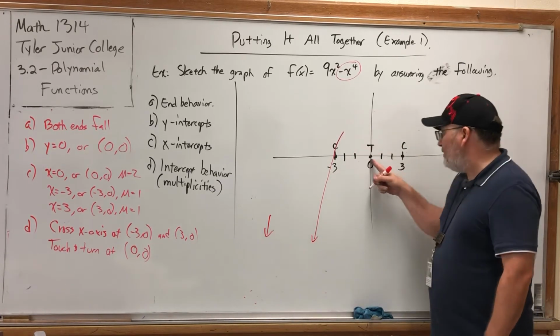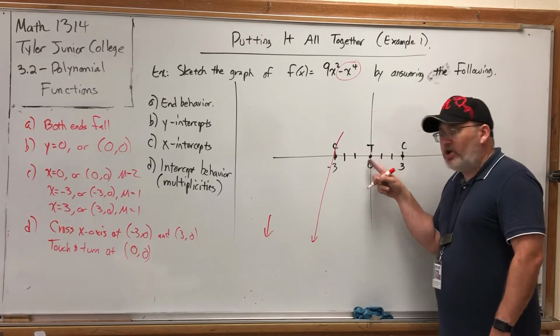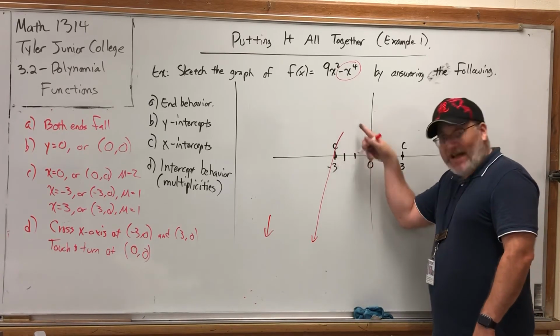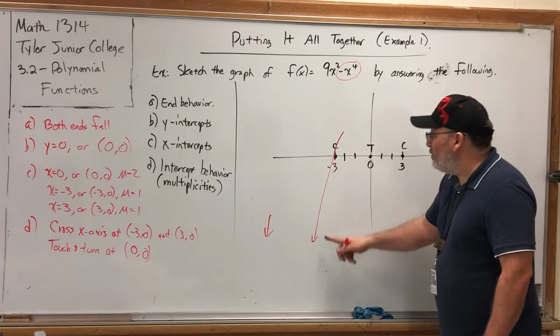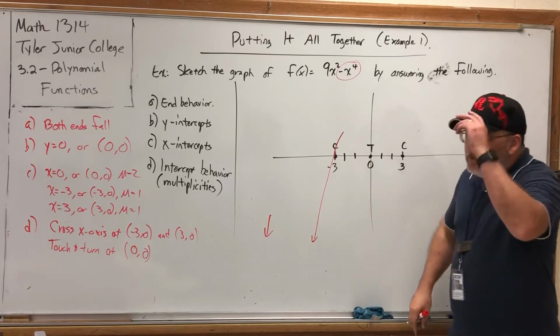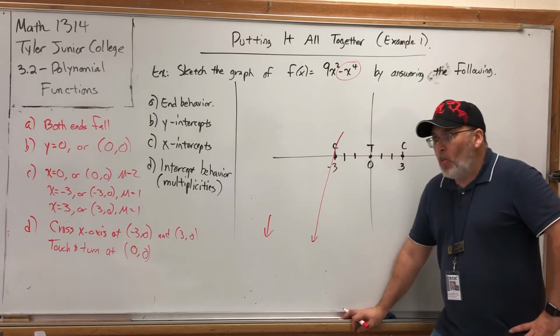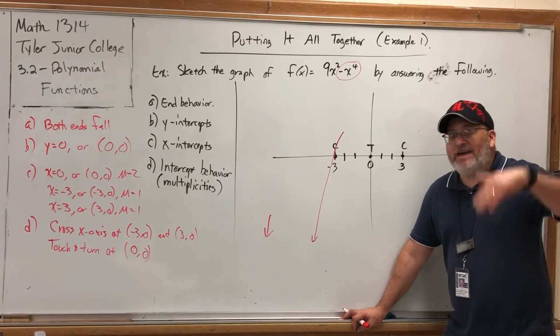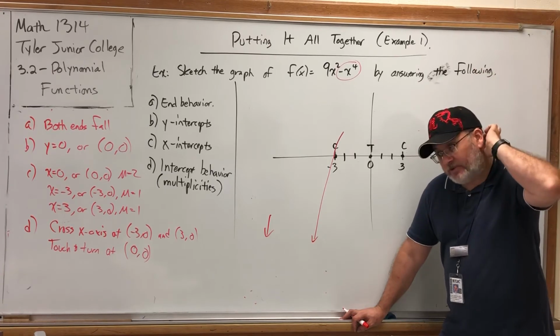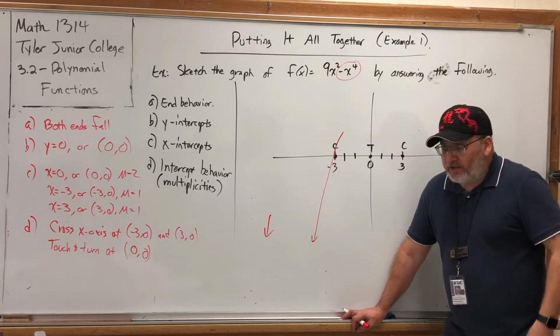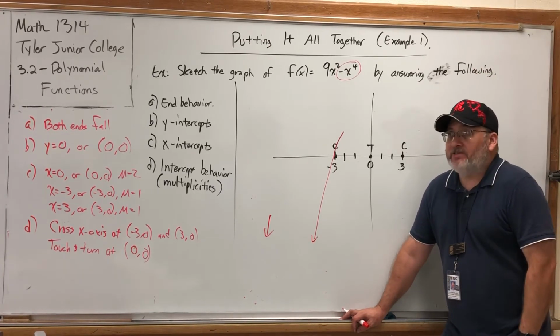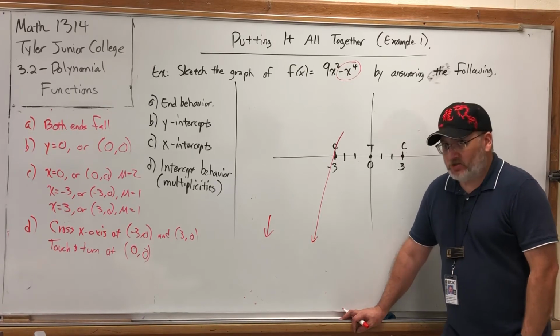Now in order to come down here to touch and turn, I need to hit a maximum, if you will. I need to switch from increasing to decreasing. If you're worried about where we turn around and how high it is when we turn around, those technically are calculus issues that without technology we can't readily get answers to.